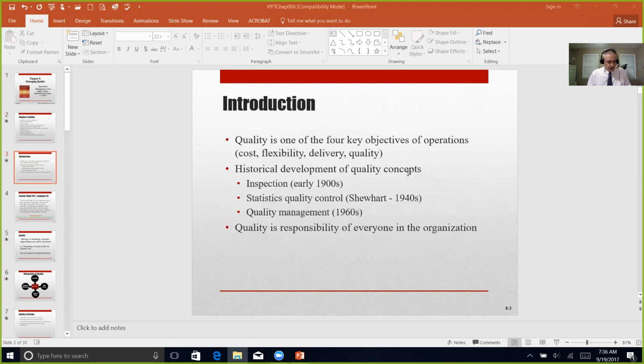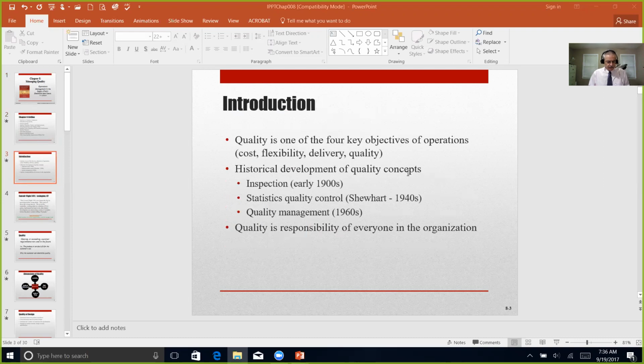What really is quality? Quality is one of those 4 key objectives that goes into operations of any type of manufacturing or any type of business. It goes along with cost, flexibility, and delivery. It's cross-functional in nature, and it should involve the entire organization.